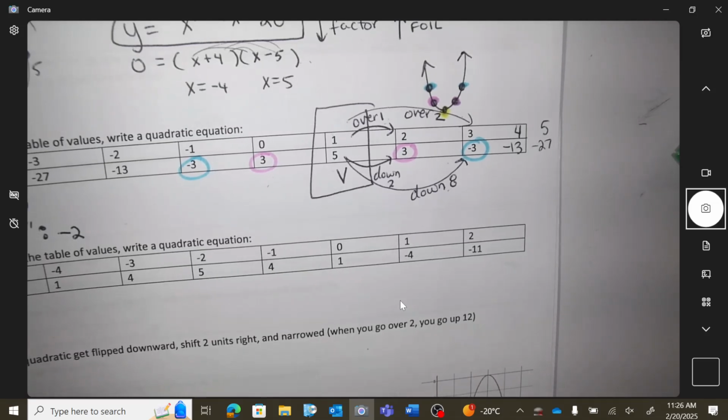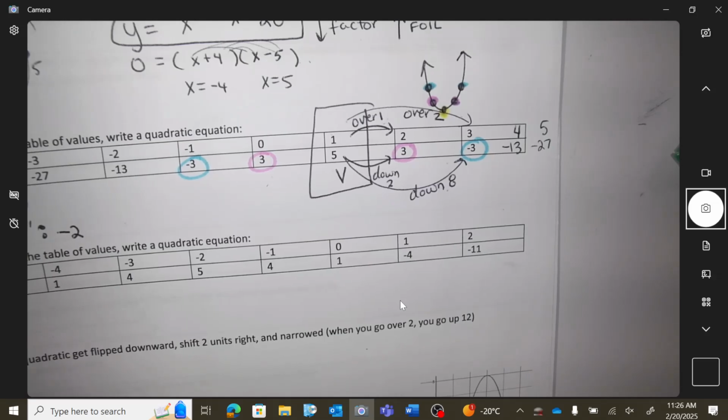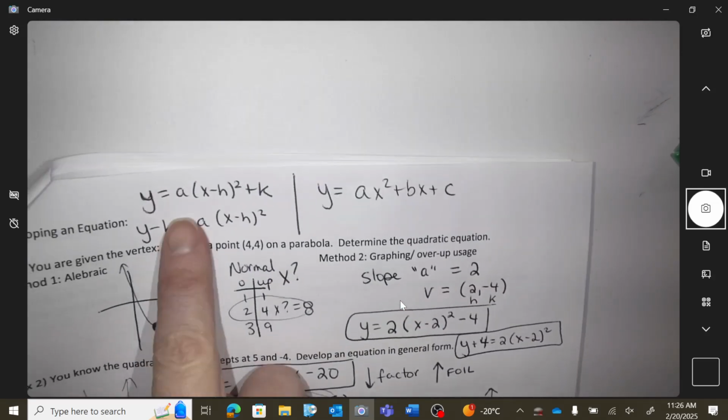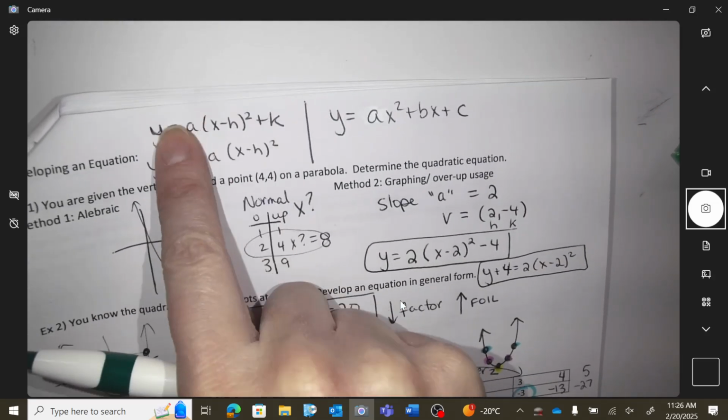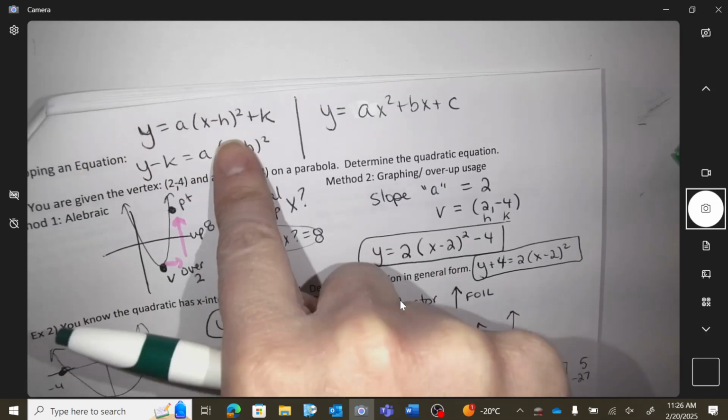Okay, this is the same as question 1 now. Can you get me something, one of these? You got to fill in your vertex and you got to fill in your A value.